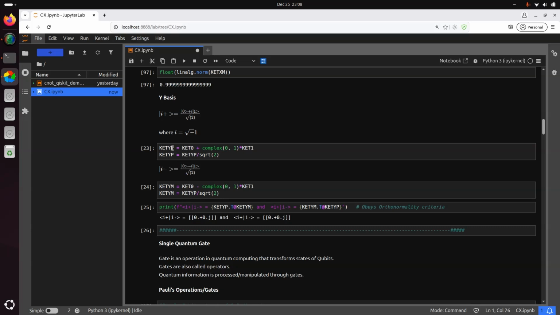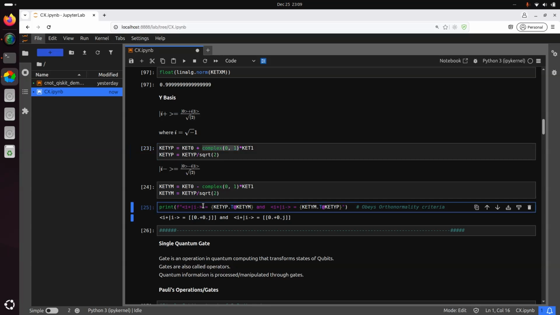And ket yp is the positive part of it. It's a linear combination of ket 0 and ket 1 with a complex coefficient, this is the NumPy or Python representation, divided by the square root of 2, the same as the Hadamard times ket plus or ket minus states. The fundamental difference is this phase factor.